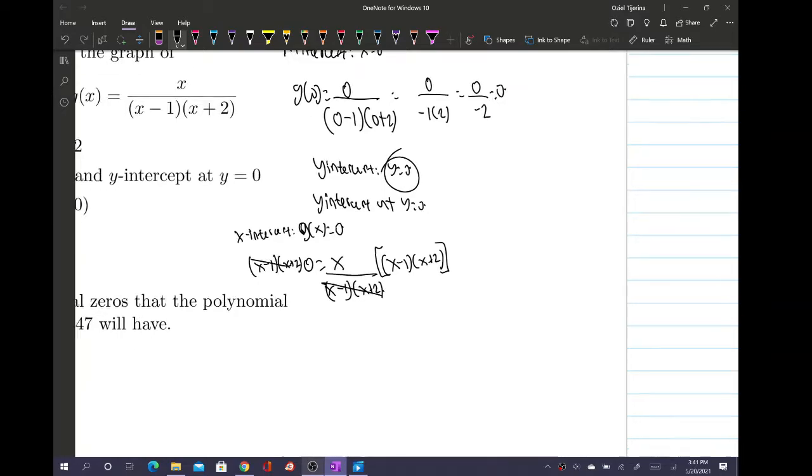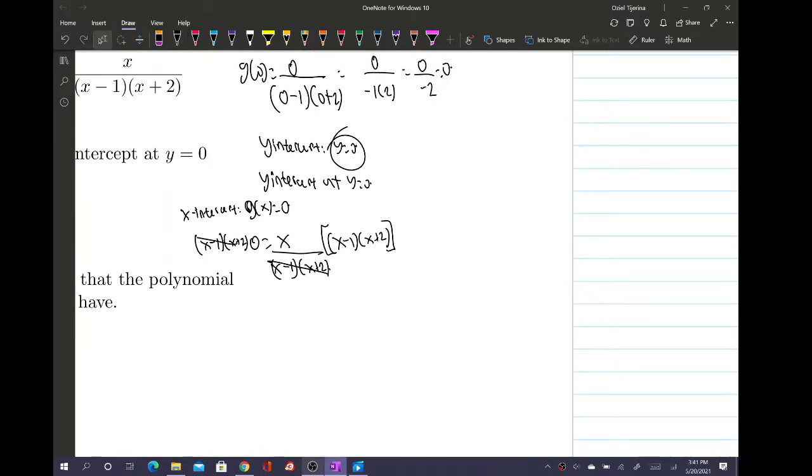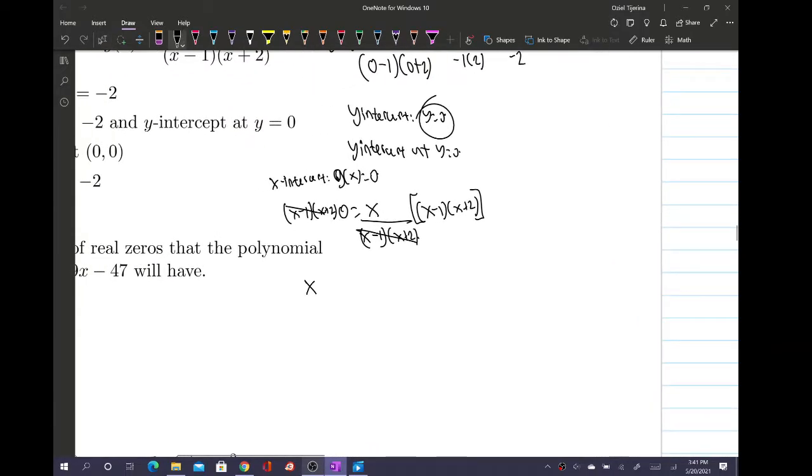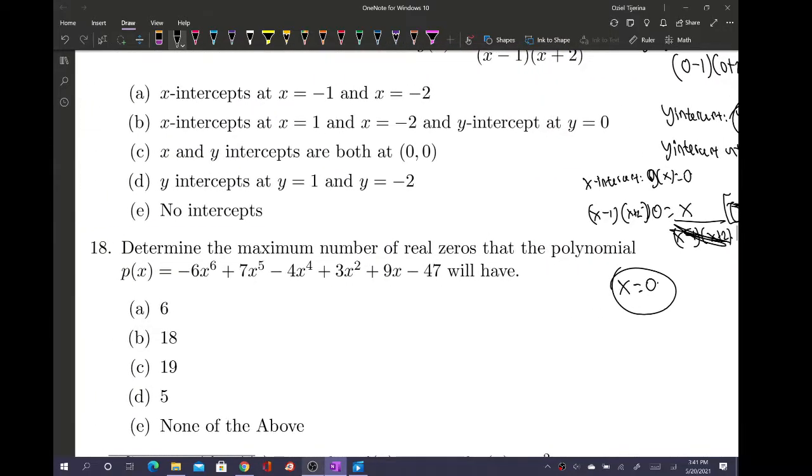These two cancel out, and then you're going to say x equals 0, because 0 times anything is 0. So your x-intercept would be x equals 0.